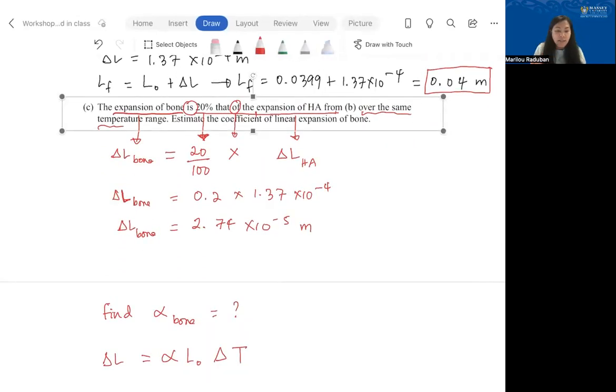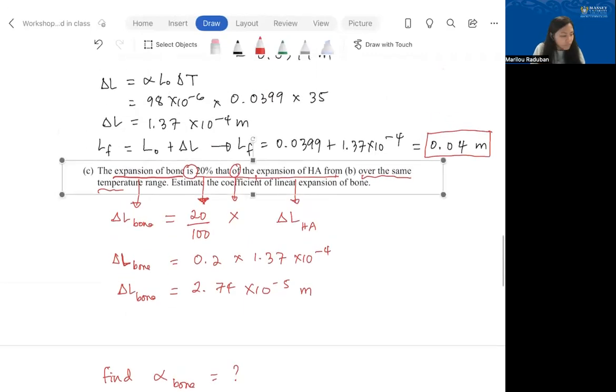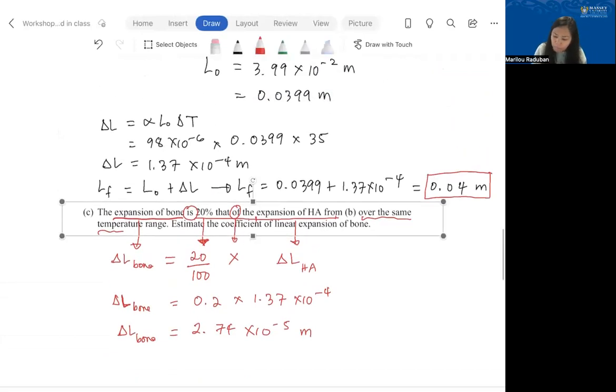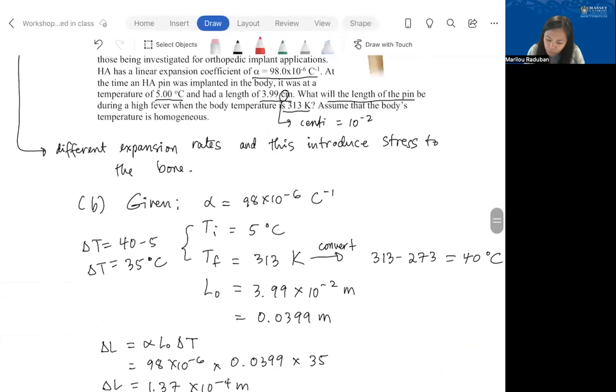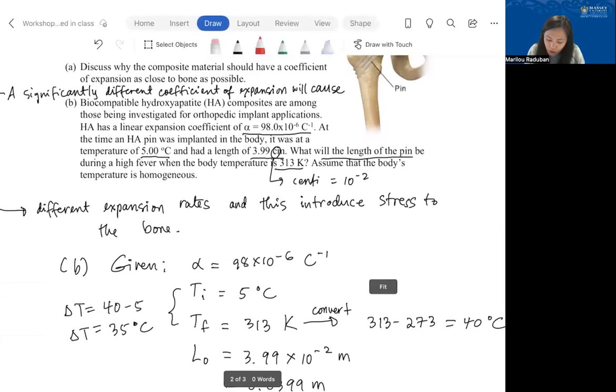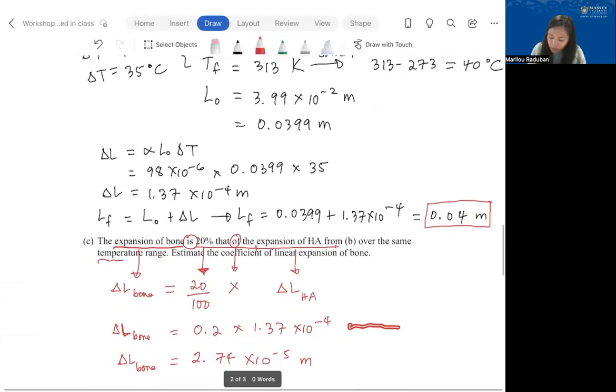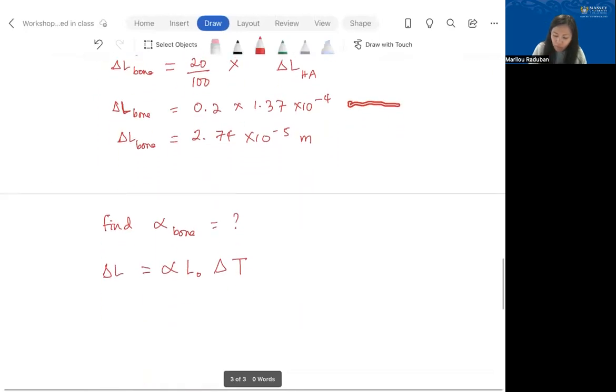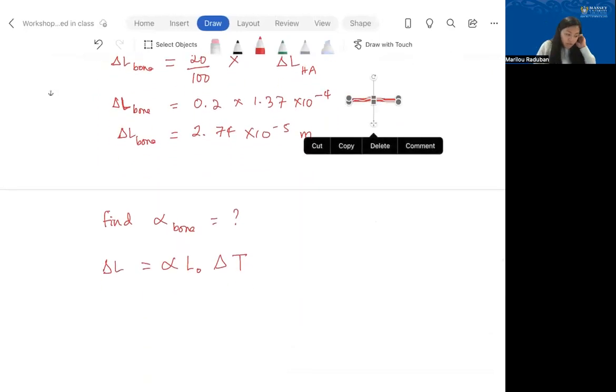L0 is the length of the bone, 3.99 centimeters. We assume that the pin is embedded over the length of the bone, and we know delta L for the bone.